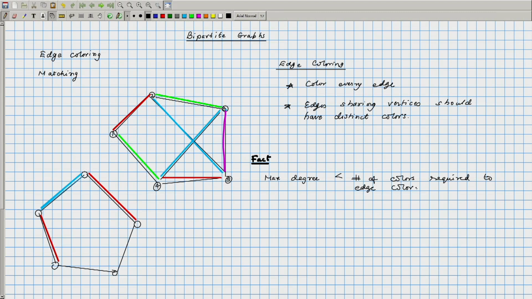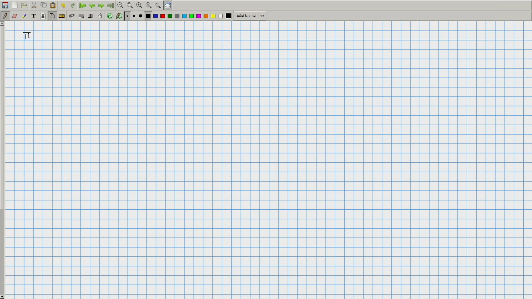If we restrict our attention to bipartite graphs, can every bipartite graph be colored with a number of colors which is equal to the max degree? We will show that this is the case. So, this is the theorem that we will prove. Let G be a bipartite graph.